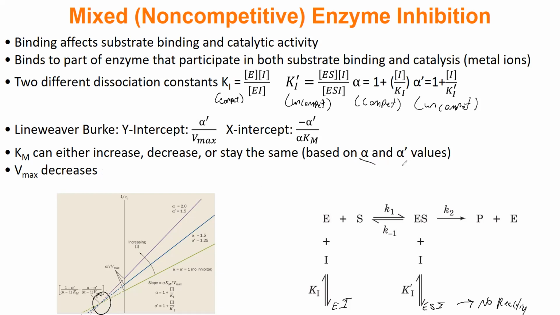And it's all based on what your actual inhibition values are of these alphas. So it can be anywhere on the x-axis. However, it will always go up on the y-axis. So that means that they're crossing off the axis. And that is our mixed inhibitor there.